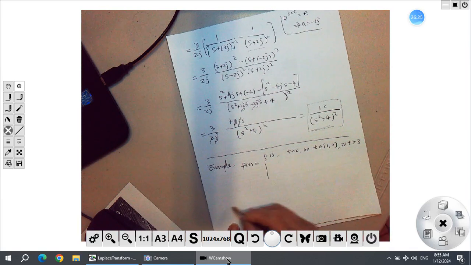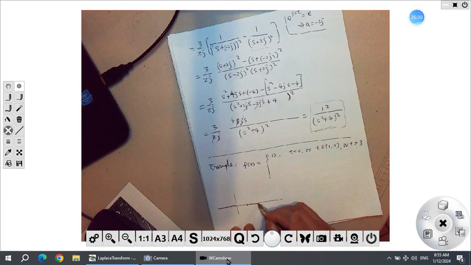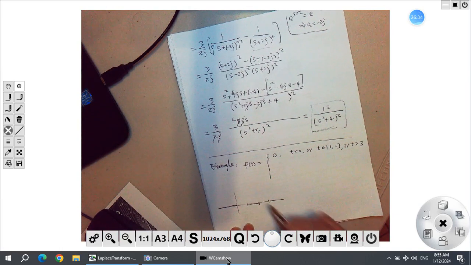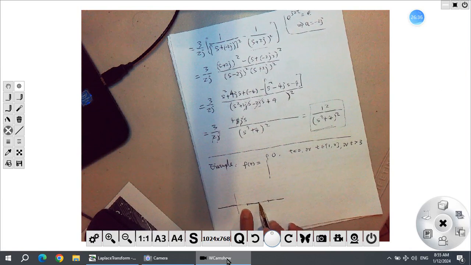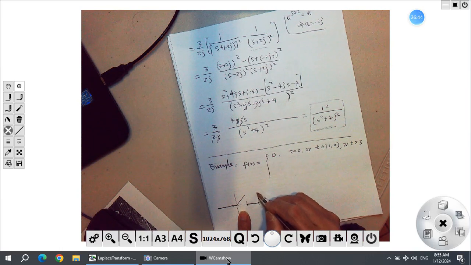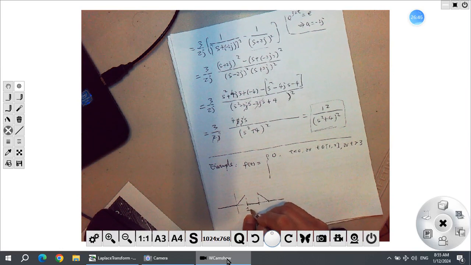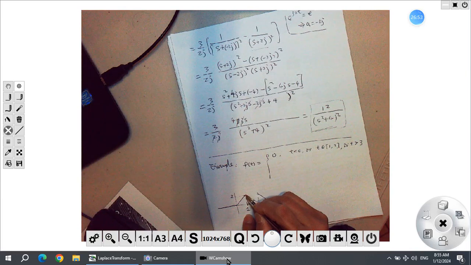So I want the function to look like this. For the negative side it's 0, from 1 to 2 it is 0, and larger than 3 it is 0. And in these two intervals, they have some different values. For example, I have this one and this one. Here's 1, 2, 3. Here's also 1. Okay, I change scales. Oh, here's 2. Like this.